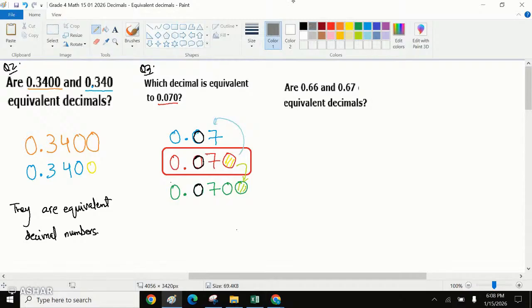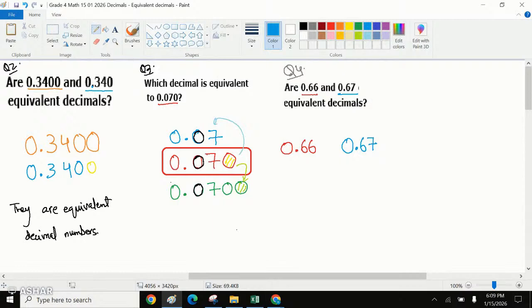For question number 4, they're asking us, is 0.66 equal to 0.67? Are these two numbers equal?